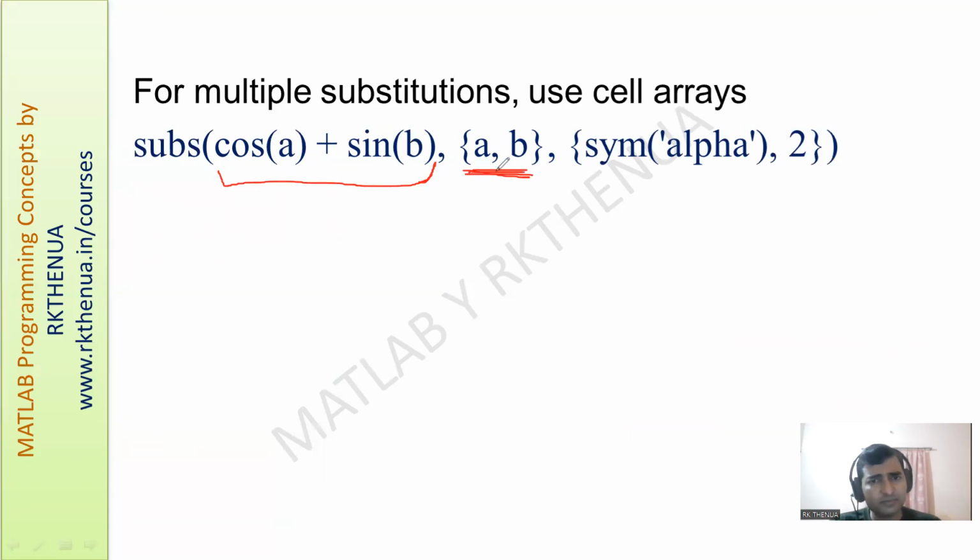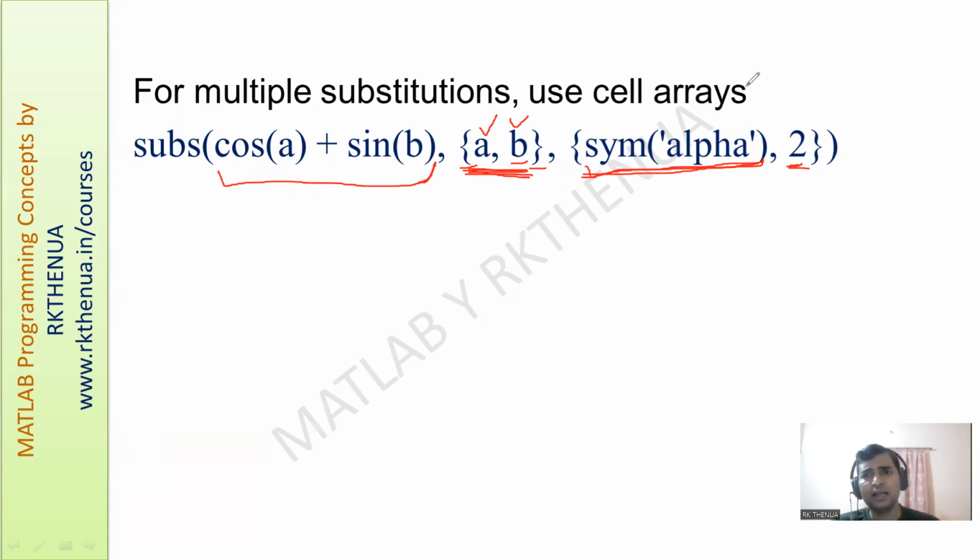These are the variables for the substitutions, and these are the values. If you have more than one variable, you have to use curly braces, the cell array concept, and you write one variable, second variable, and in the same sequence the values: this is the substitution corresponding to a, and this is corresponding to b.